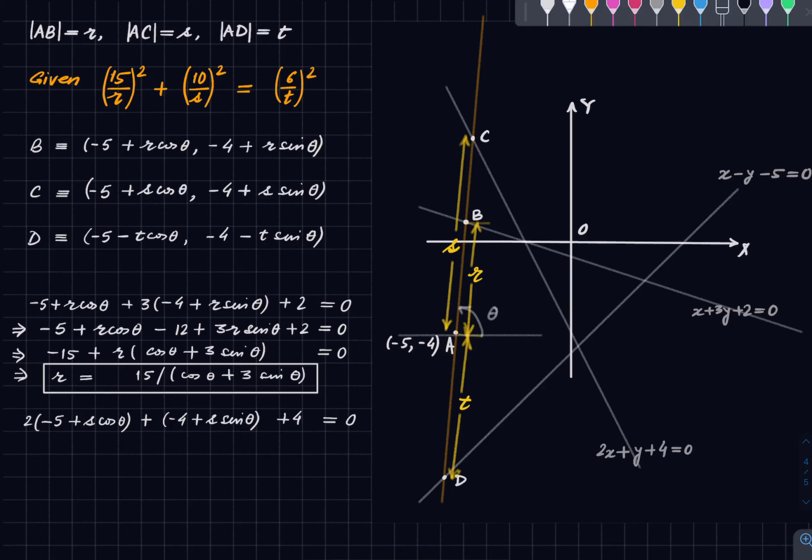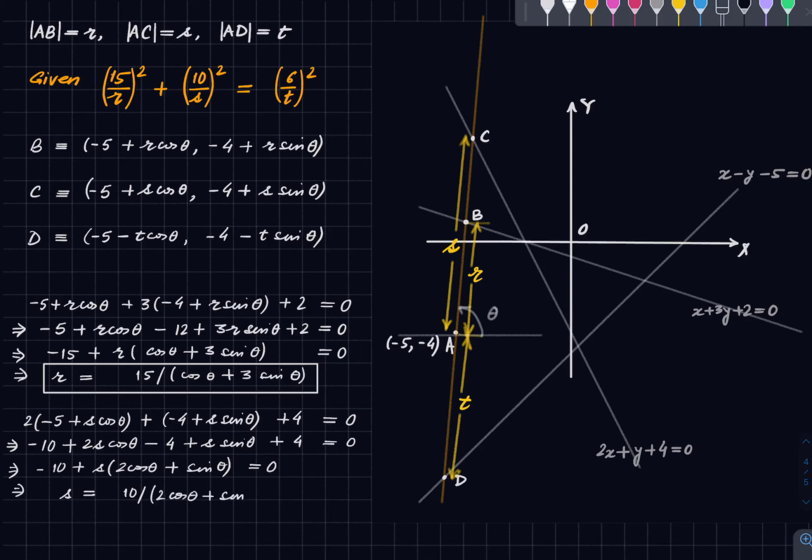Again, let's solve this. Okay, so that's what we get for s.